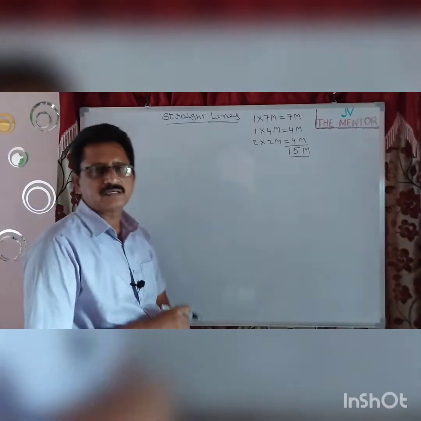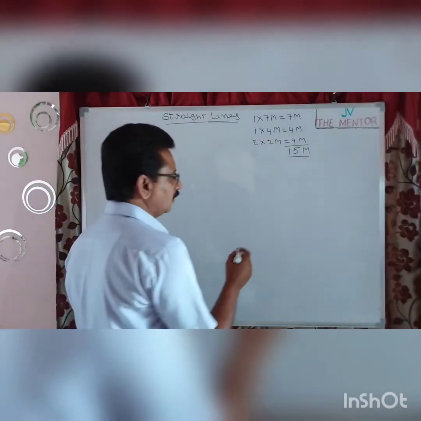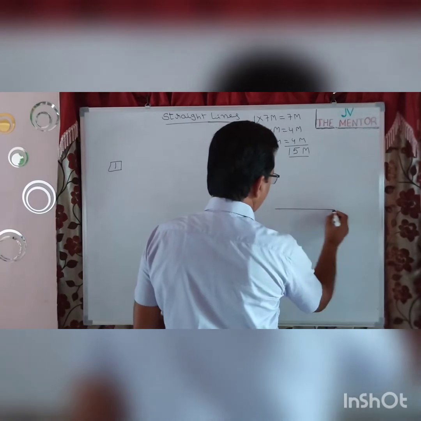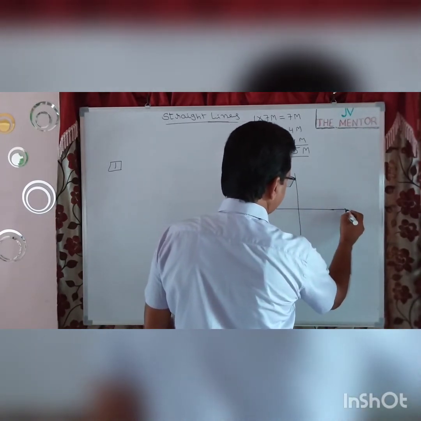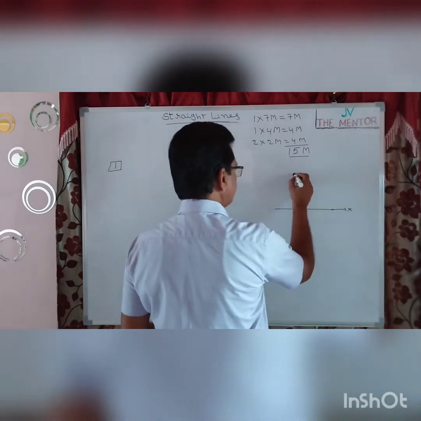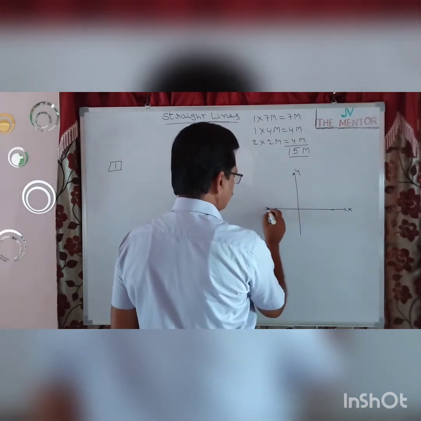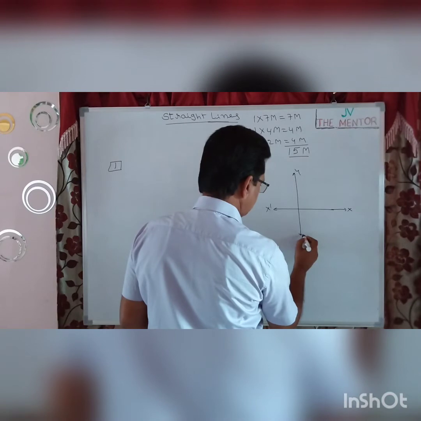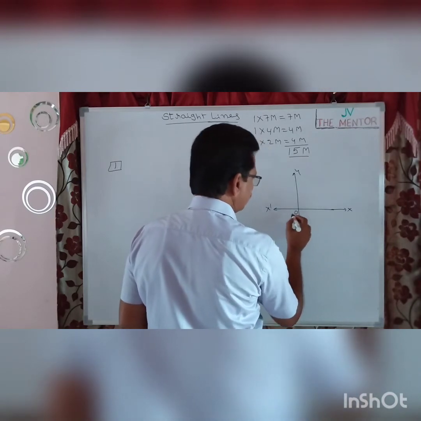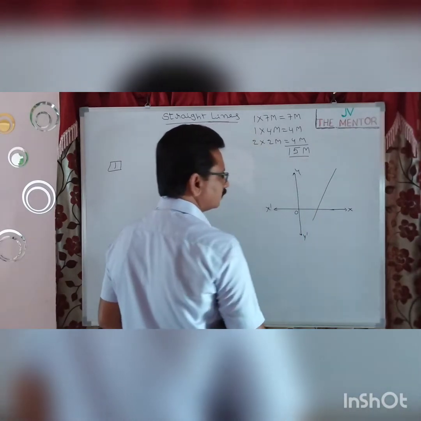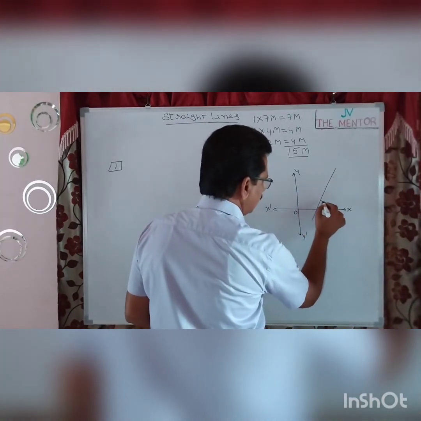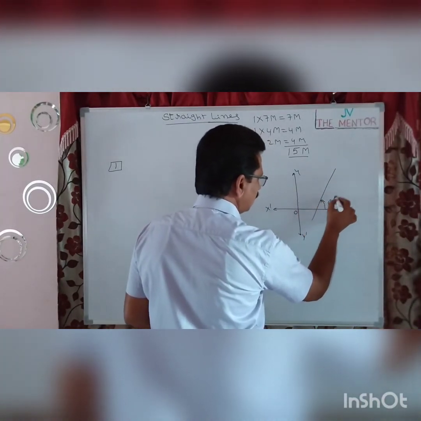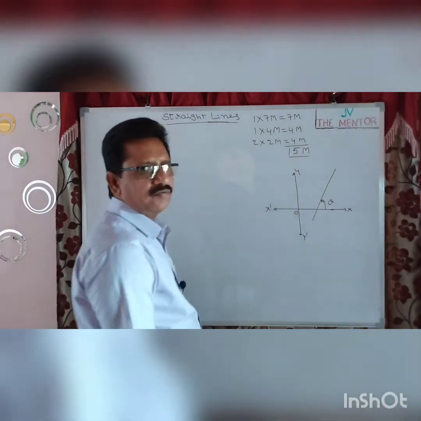The inclination of a straight line. Now taking the coordinate axes, x axis and y axis, x dash, y dash, origin. This line makes an angle theta with the positive direction of x axis.